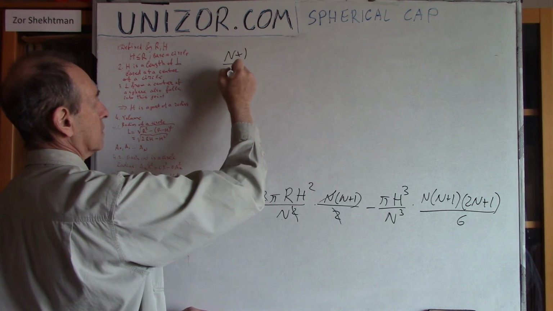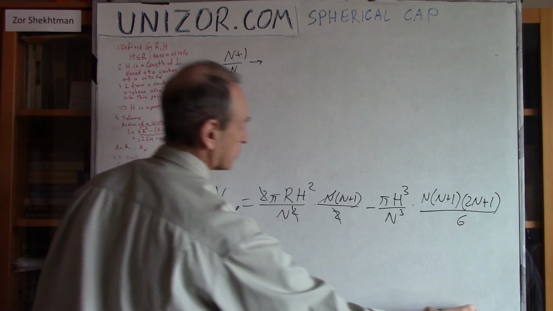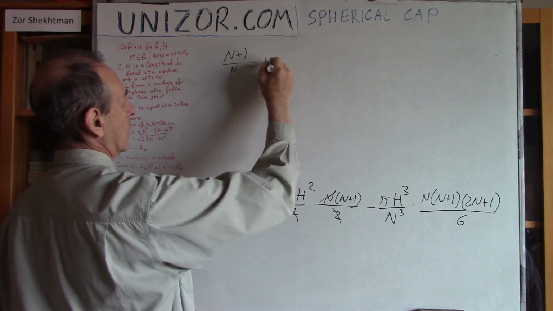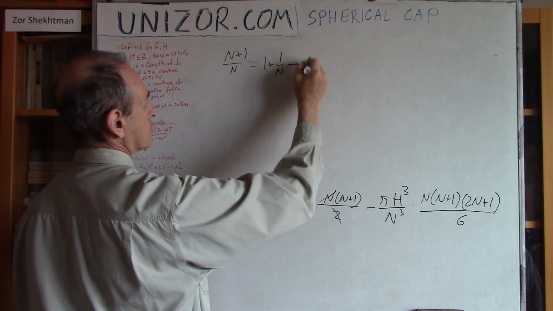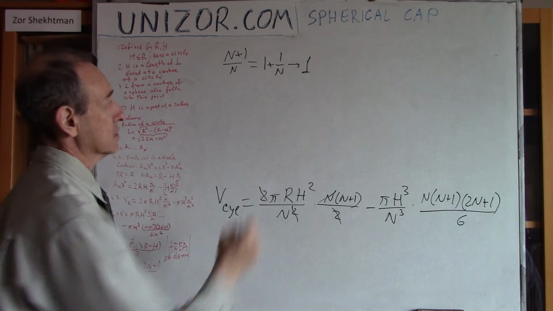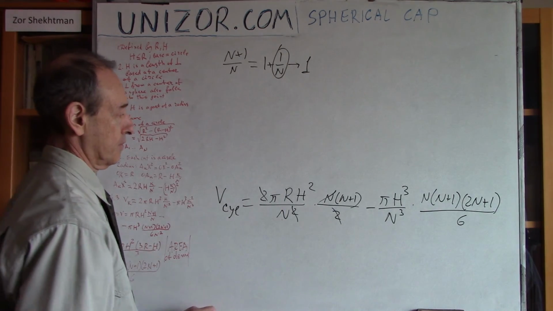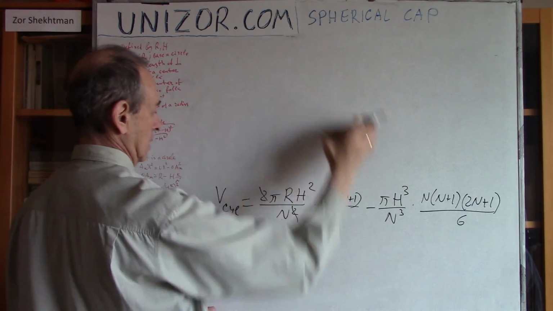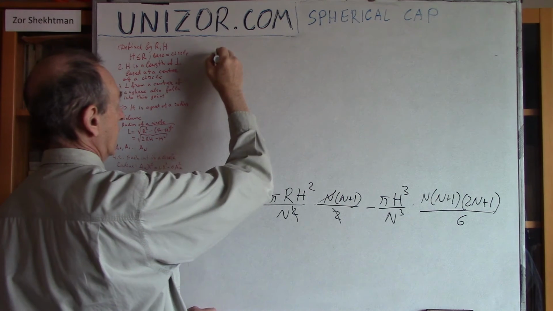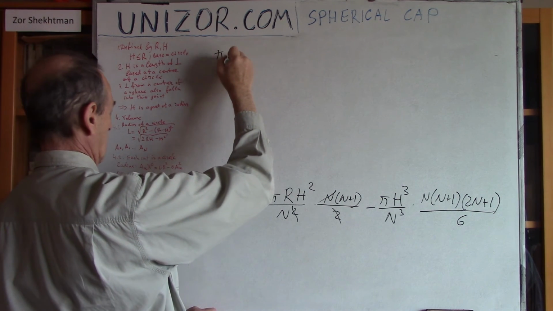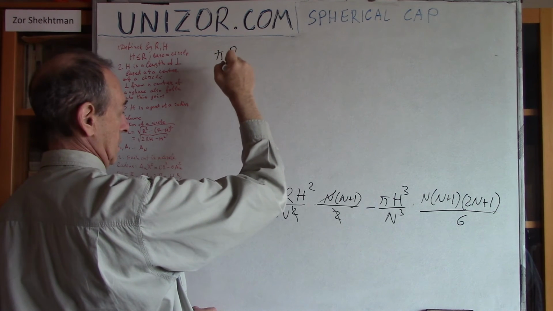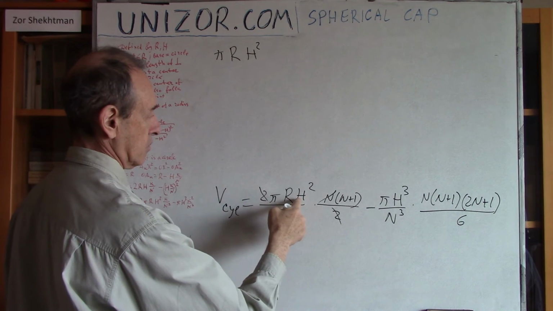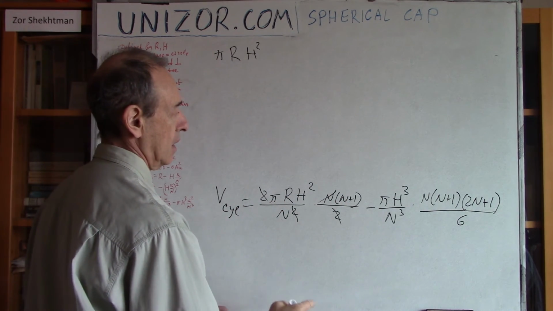It's 1 plus 1 over n, and it goes to 1 as n goes to infinity, because this goes to 0. So from this thing, I have only pi r h square. Everything else goes out.